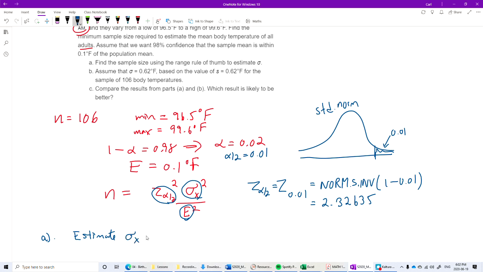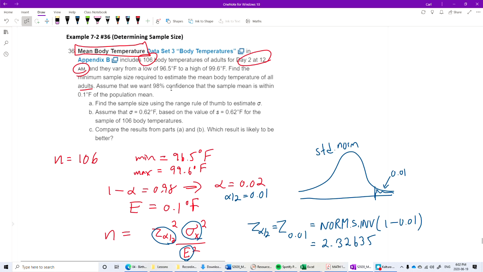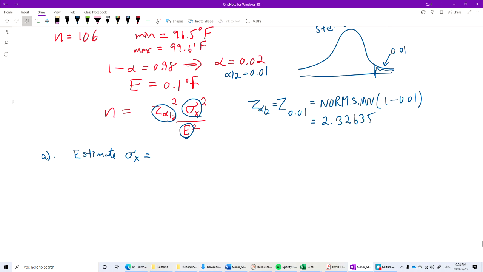Now, I haven't mentioned this up to this point because it's not particularly important, but one way to find sigma is to use what's called the range rule of thumb.